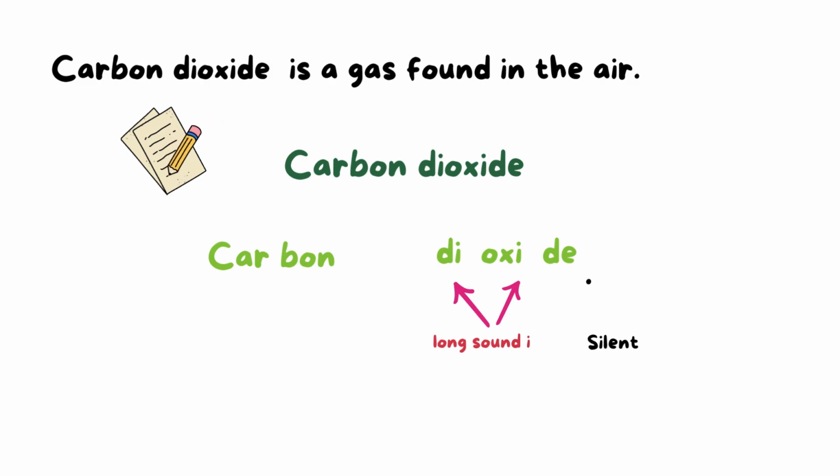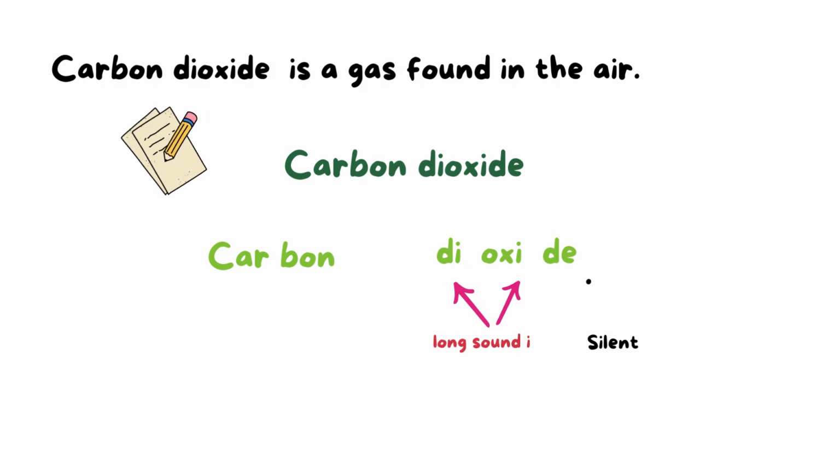So here, as you see, the word carbon dioxide is very easy to read and write, as we have k-a-r, car, b-o-n, bon, carbon. Then we have dioxide. We can divide it into 3 syllables. So we have d, i. Here I make the long sound for the letter I, looks like its name.